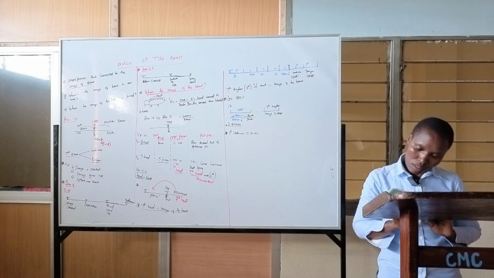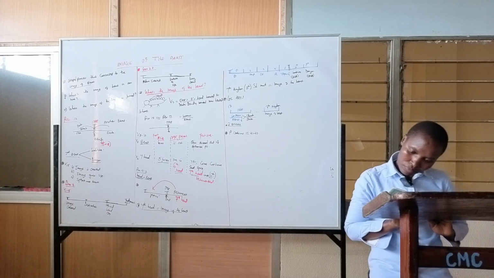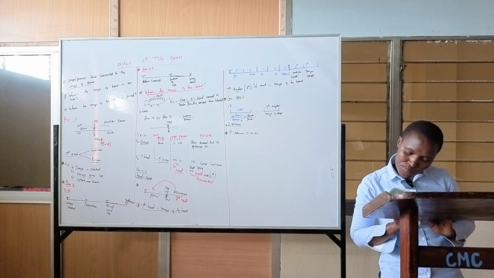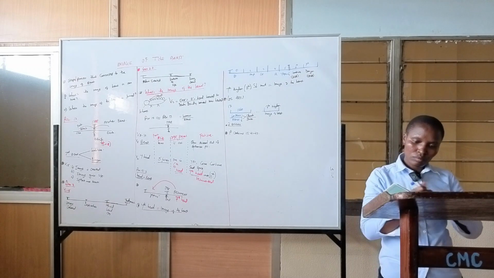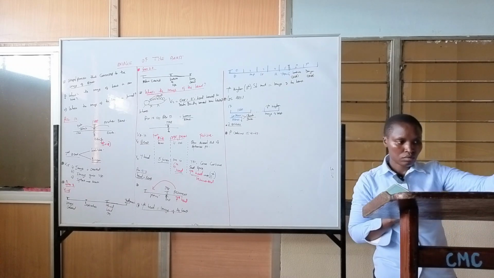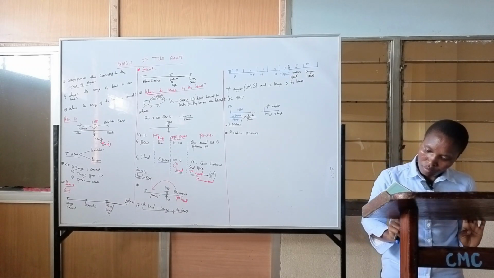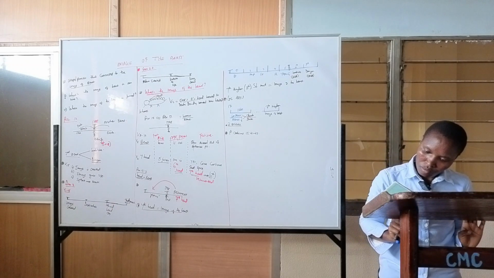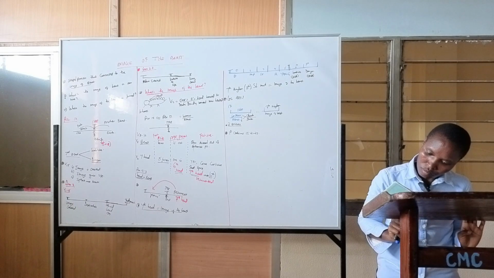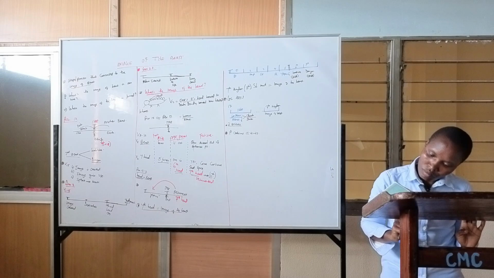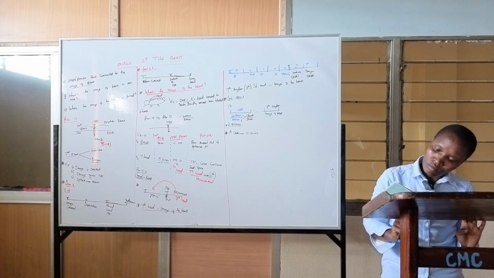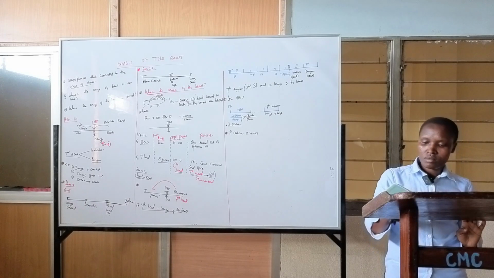"There is one glory of the sun, and another glory of the moon, and another glory of the stars. For one star differs from another star in glory. So also is the resurrection of the dead. It is sown in corruption, it is raised in incorruption. It is sown in dishonor, it is raised in glory. It is sown in weakness, it is raised in power."